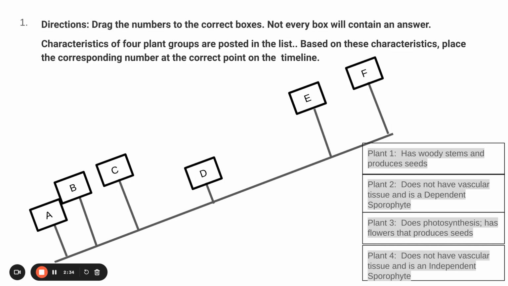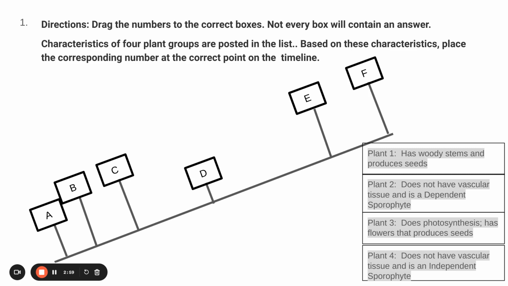Okay, plant number 1, we know that it has woody stems and it produces seeds. So when you look at your information there on your screen, that really does kind of narrow it down for us.